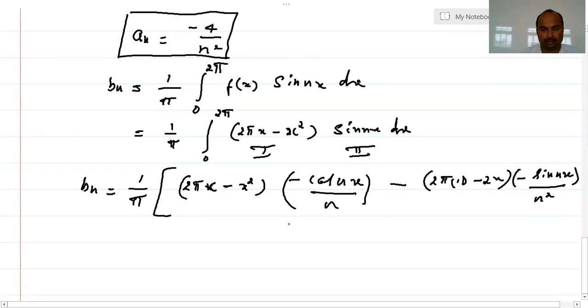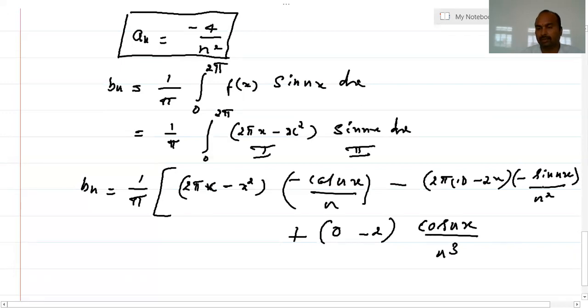Again, the continuation: plus 2 pi differentiation will be 0, minus 2x derivative will be minus 2, sin integration will be minus cos, so minus into minus becomes cos nx by n cube. Here the minus sign is there, again sin integration will be minus cos, so we'll get minus into minus plus.